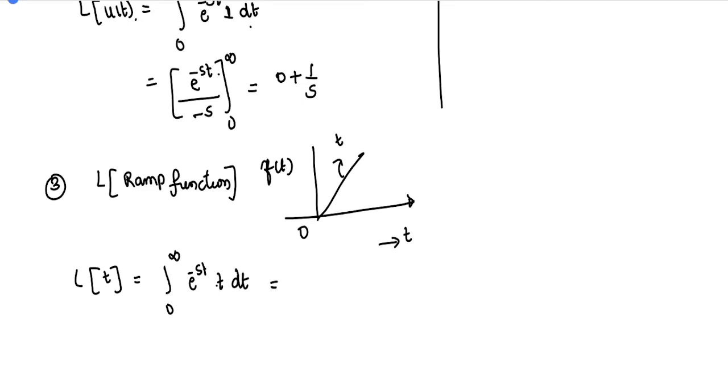e power minus st into t dt. So this is the UV method.